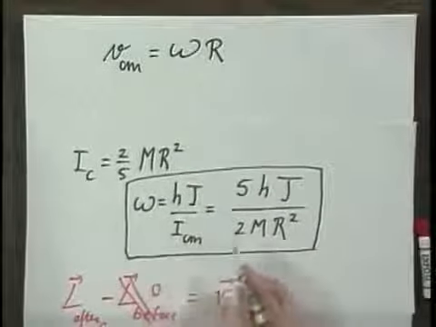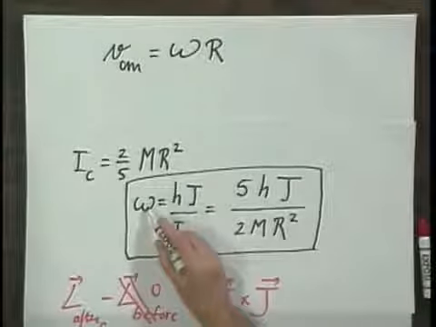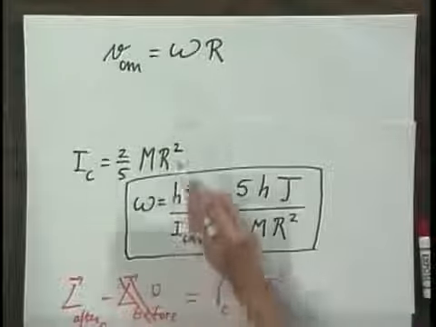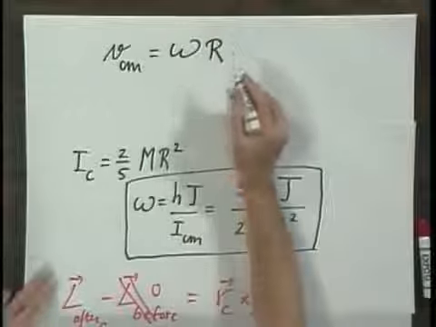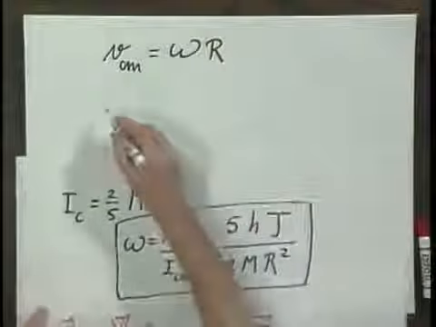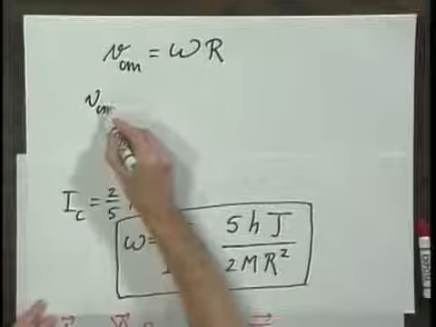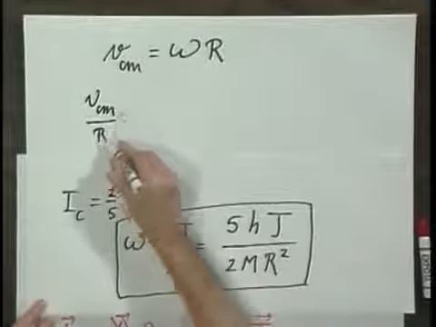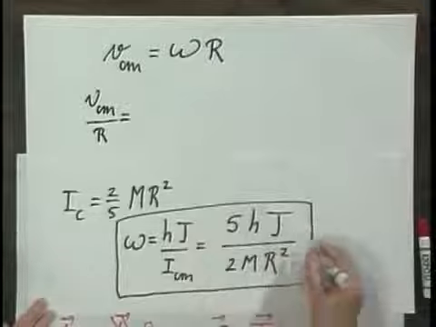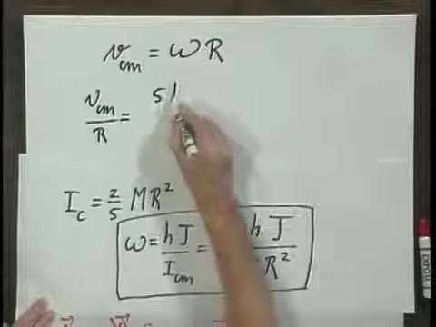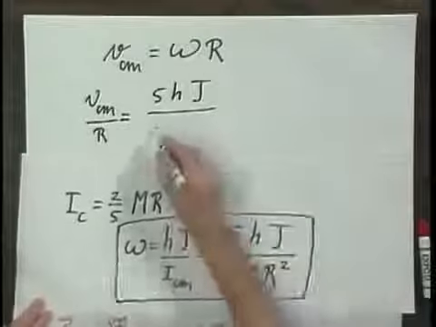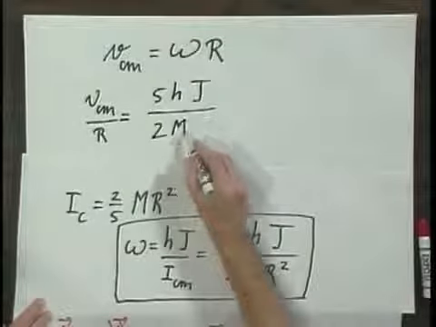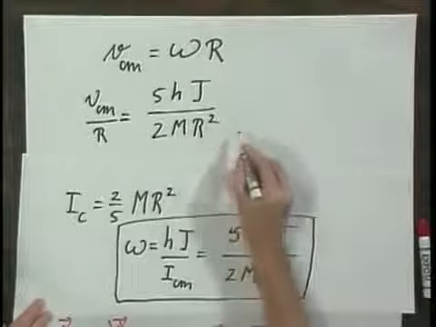You can find that by substituting in here for omega, v center of mass divided by r. So when I do that, I get v center of mass divided by r equals 5hj divided by 2mr squared.